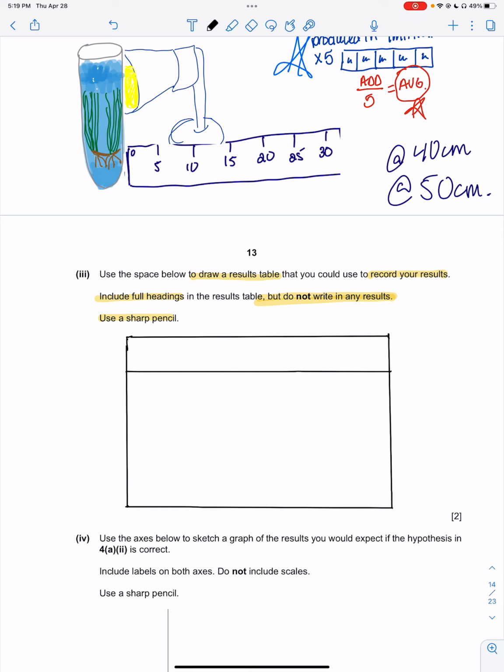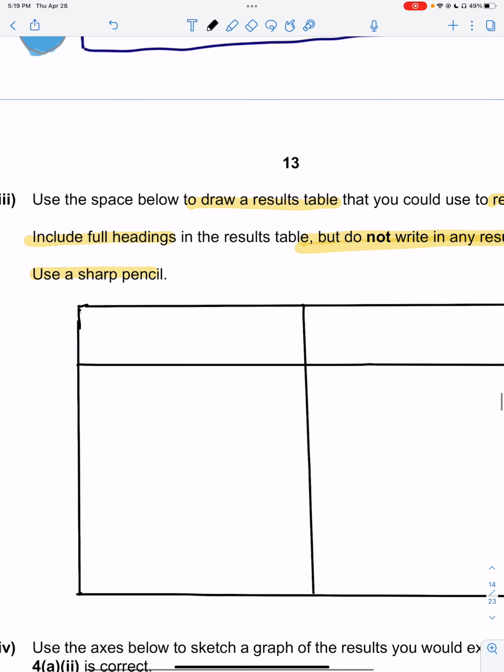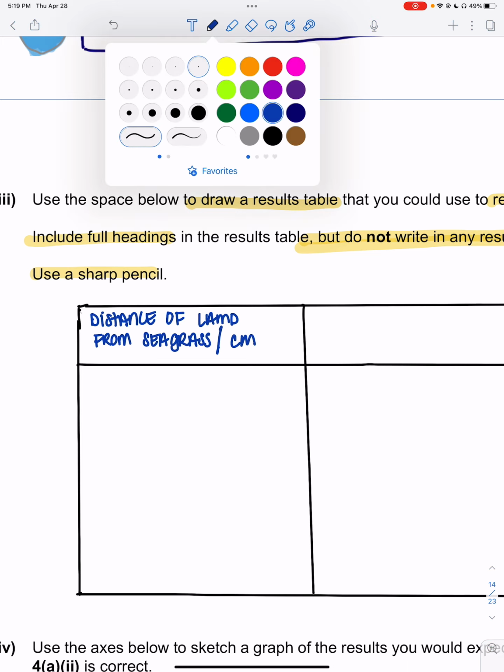Okay, I'm going to put a line down the middle, or if you want, put your heading in the side on the left first, just make sure it fits, and then you can put your line down. But okay, this is going to be distance of the lamp from the seagrass, measured in centimeters.